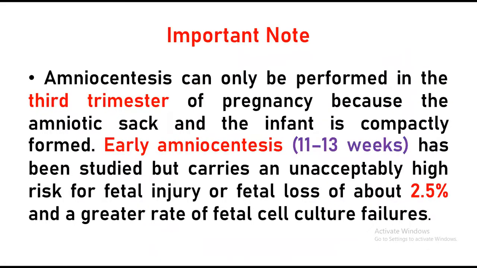An important note: amniocentesis can also be performed in the third trimester of pregnancy because the amniotic sac and the infant are completely formed. Early amniocentesis at 11 to 13 weeks has been studied, but carries an unacceptably high risk of fetal injury or fetal loss, about 2.5%.